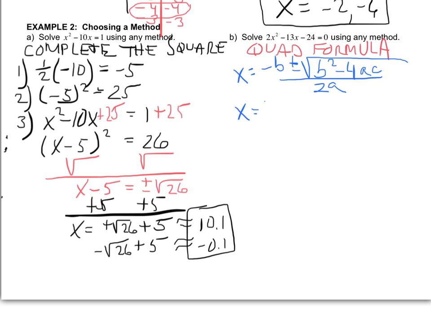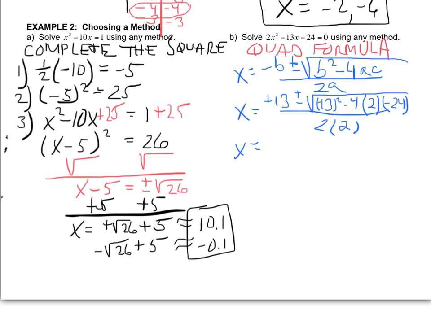And again, I have a negative negative 13, which is going to give me a positive 13, plus or minus square root of negative 13 squared minus 4. My a value is a 2, and my c value is a negative 24, all over 2 times my a value, which is a 2.